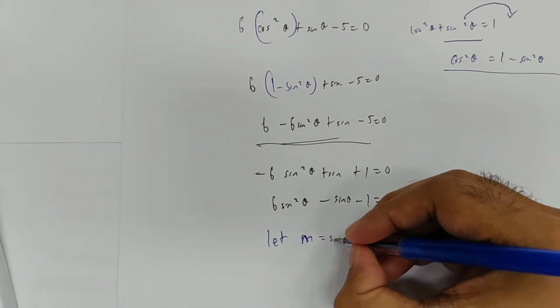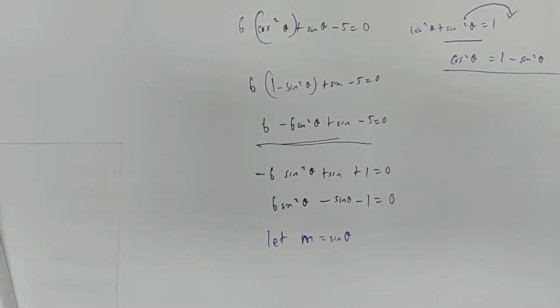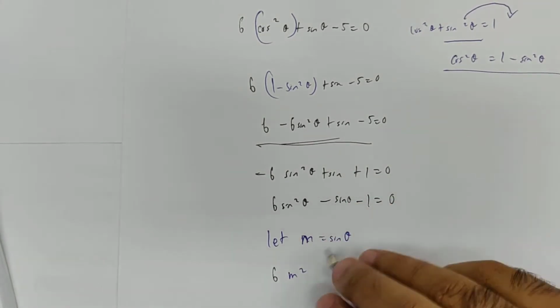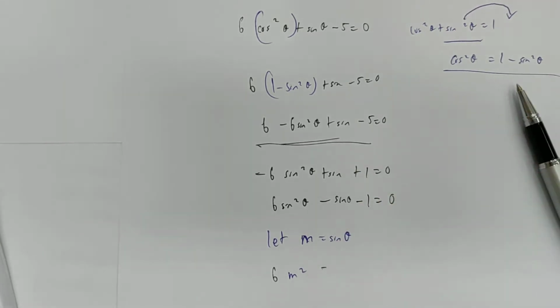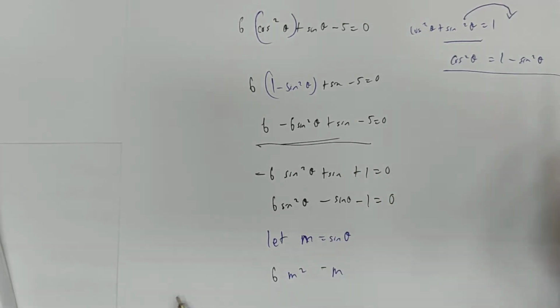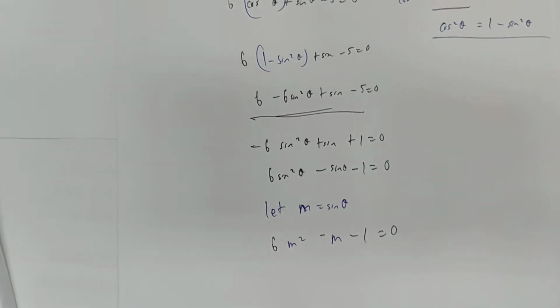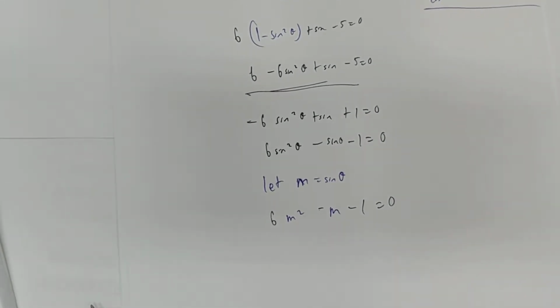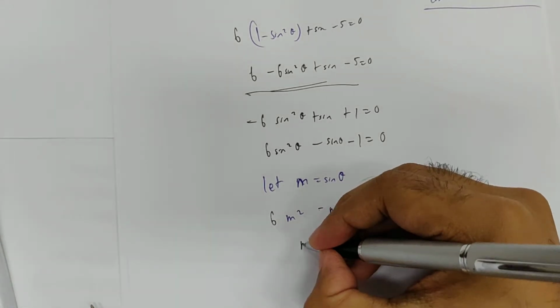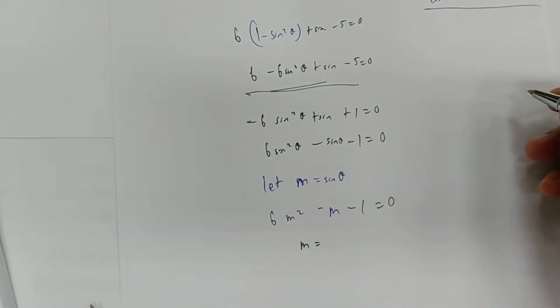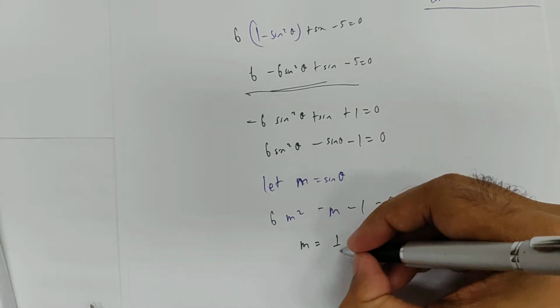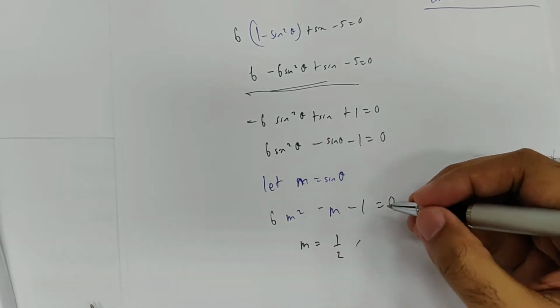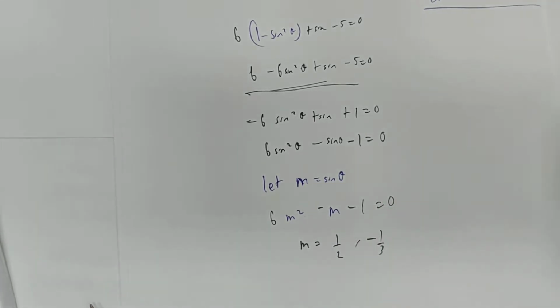M equals sine theta, so you got yourself 6 m squared minus m minus 1. And how do you factorize this? What do you get? M equals 1 over 2 or negative 1 over 3, by the magic of the calculator.